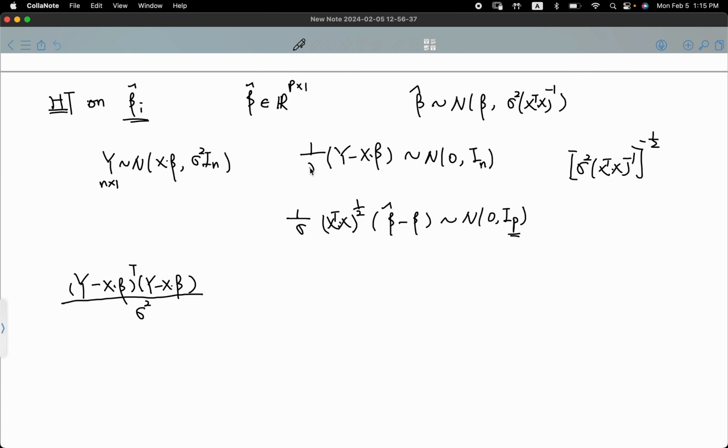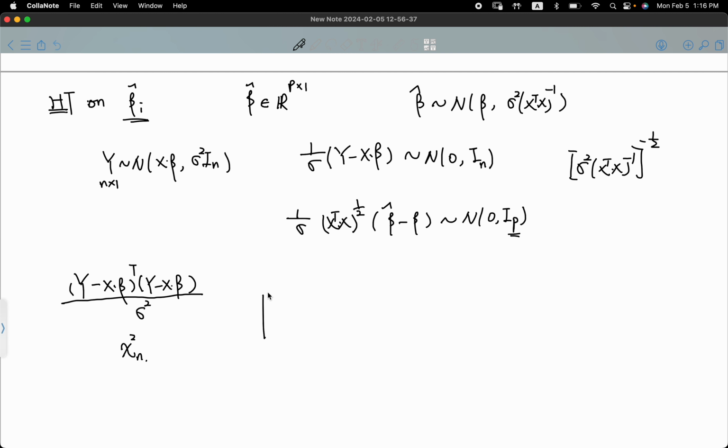So same as this one. And what we have here is essentially taking a square. So we have one copy of y minus x beta over sigma, and we multiply by another copy of 1 over that y minus the mean. So essentially, this is actually a chi-square distribution with degree of freedom n.